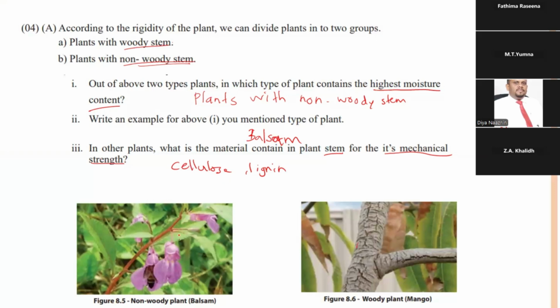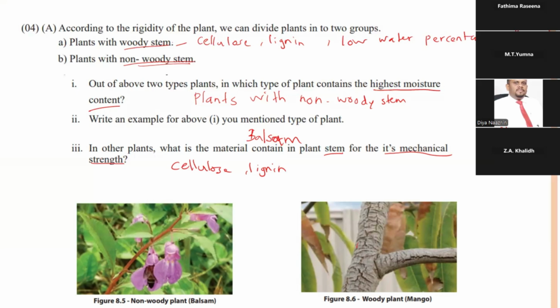But they have more water content in them to keep them erect. So remember that woody plants have cellulose and lignin, and they have low water percentage to keep the stem erect.